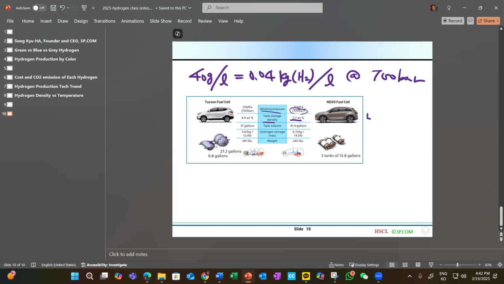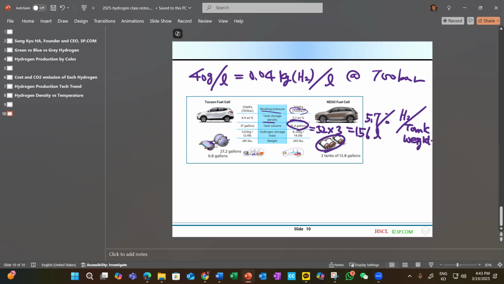This means 5.7 H2 versus tank weight. And then the 44 gallon tank volume is 52 times 3, as you can see, 3 tanks. So this is 156 liters.